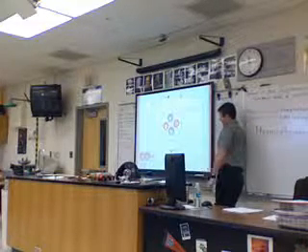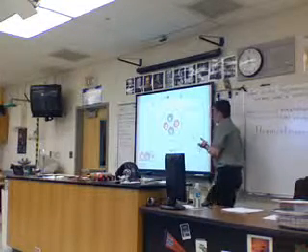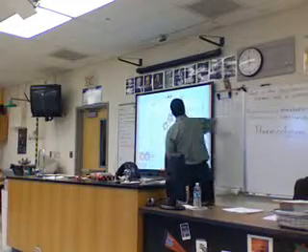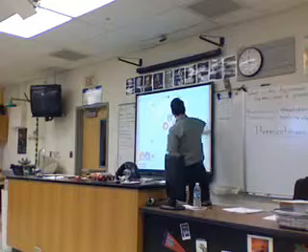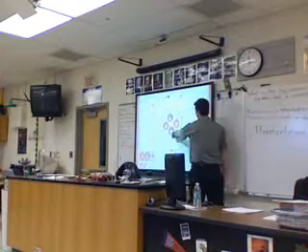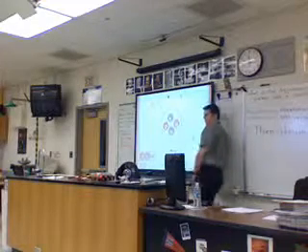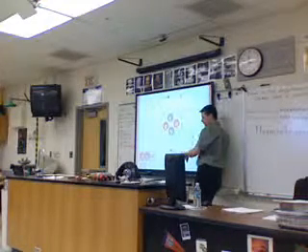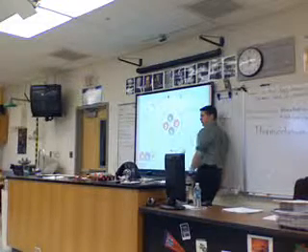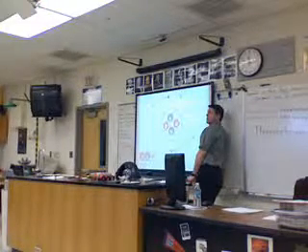Well, first of all, we want to look at this atom and ask ourselves, what is the charge on this atom? To do that, we have to know what each particle is doing. Neutrons have no charge. As far as the electricity of the atom is concerned, they don't get to vote. Protons have a, take a guess, you got positive or negative?